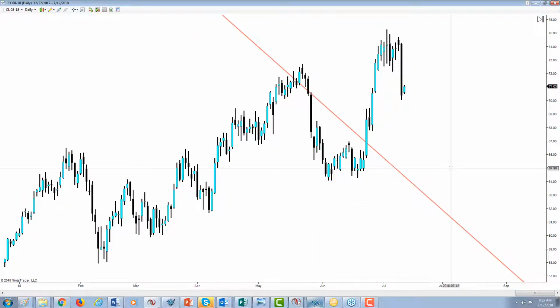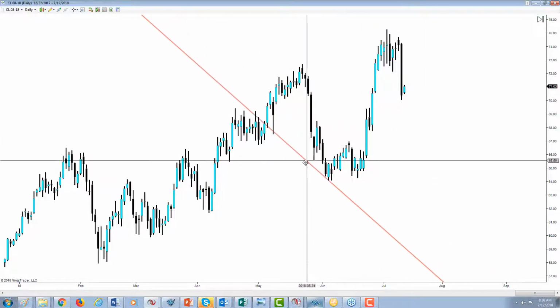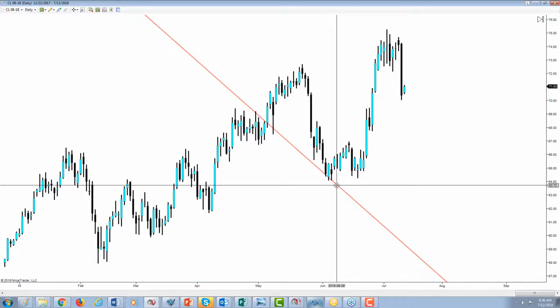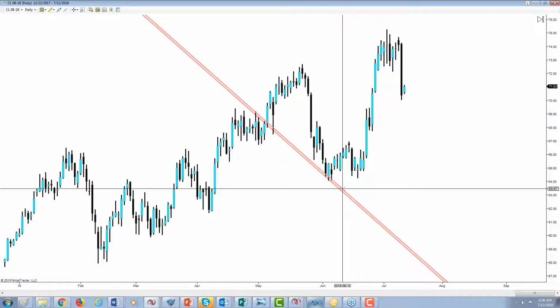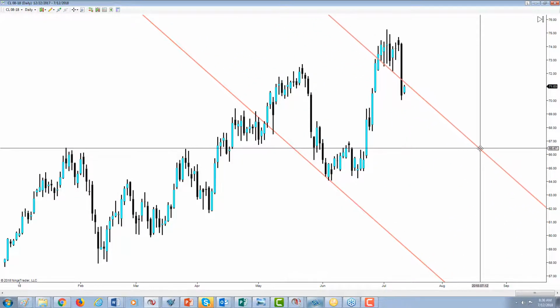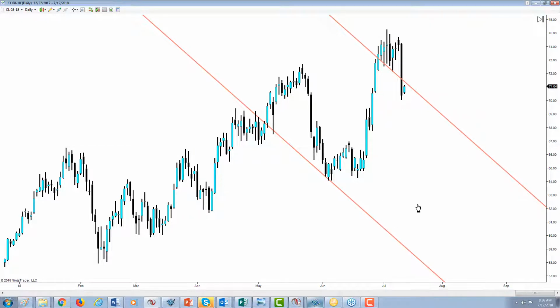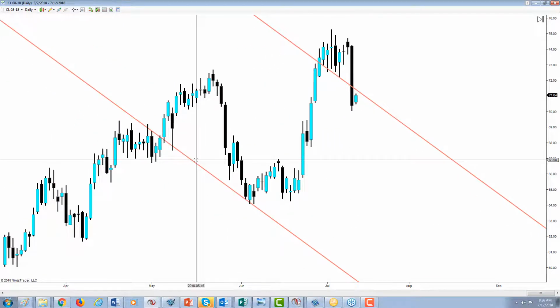Okay, so that's the line from 2009. I'm going to just start drawing it here and defining the edges right here. Pull it open.